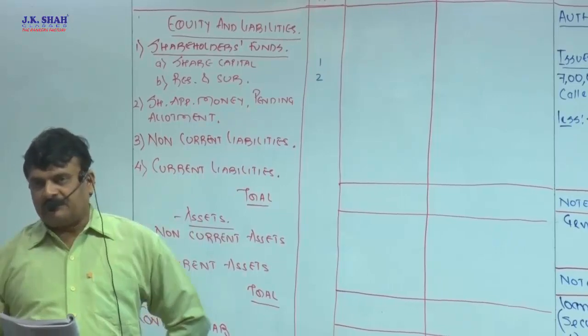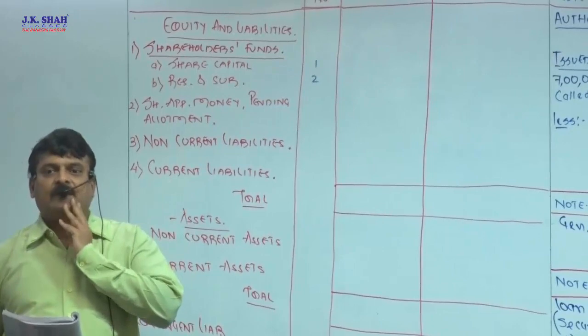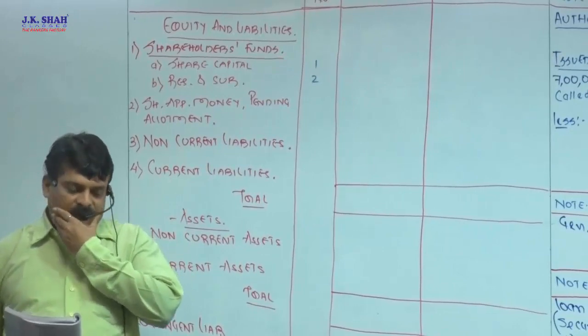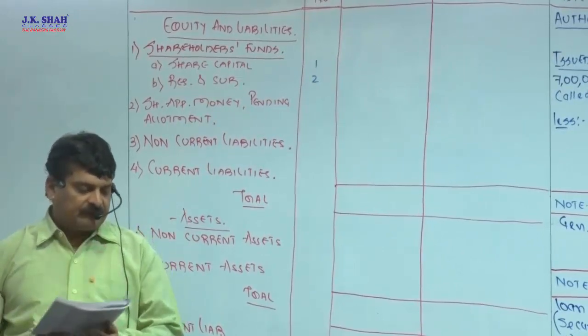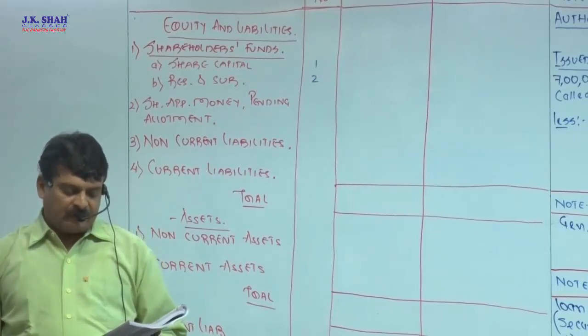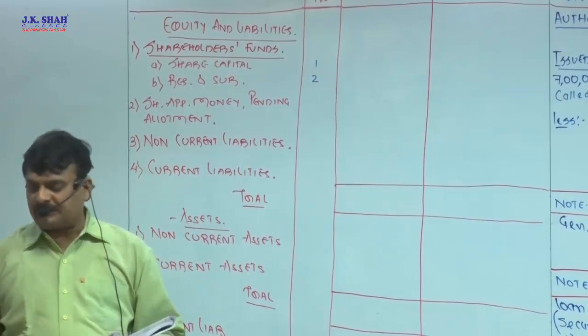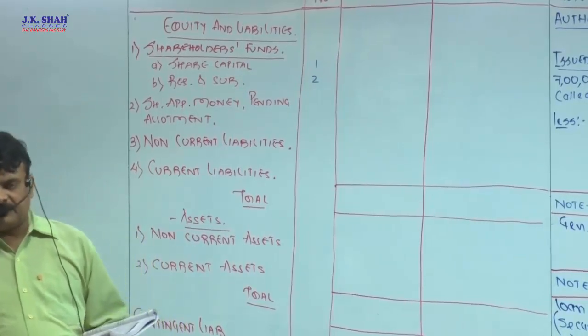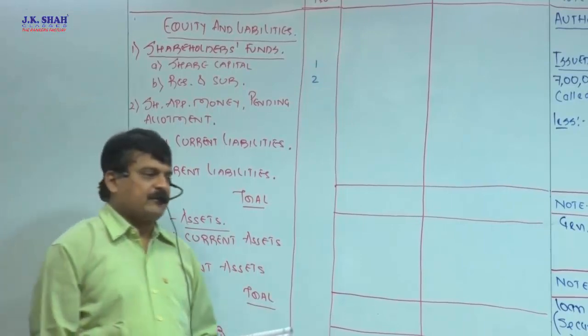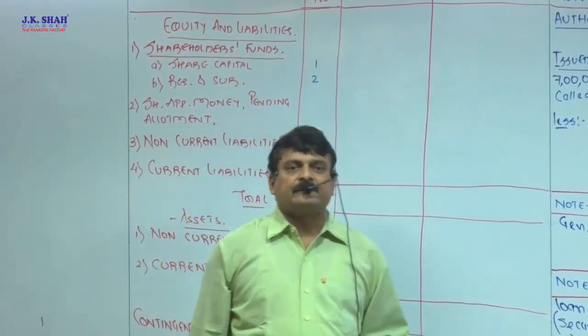Your WDV of plant is how much, friends? 36 lakh 75,000. Find the difference. Your difference will be 12 lakh 25,000. So provision for depreciation 12 lakh 25,000.